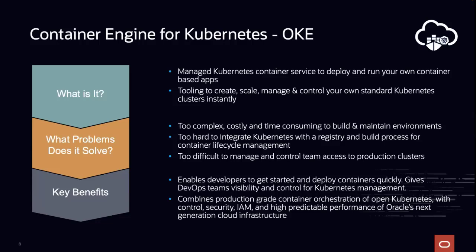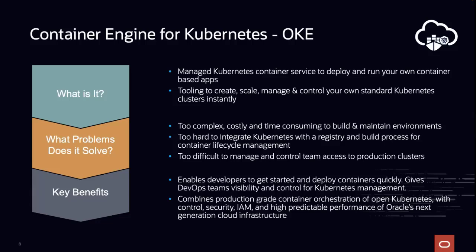Some of the key benefits are that you can enable your developers to easily manage and deploy the containers, and let the DevOps teams check the status of the nodes and your pods and run your deployments and so on, right? You want them to have access and see the status of all of these environments.